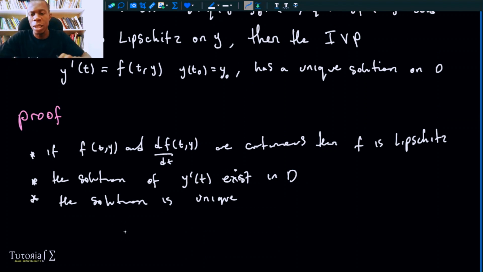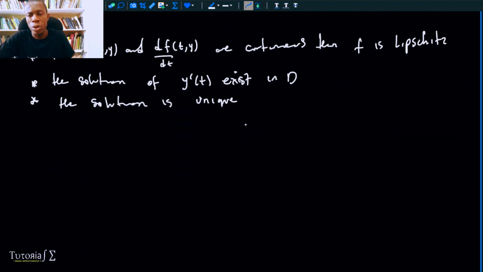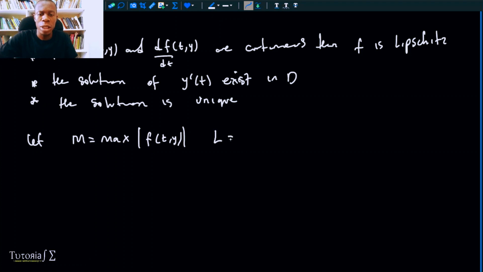So let's start with verifying that, given that f and the derivative are continuous, then f is Lipschitz. This is very easy to prove. So we'll consider f with a maximum M, so M is the maximum of f, and L is the maximum of the derivative.